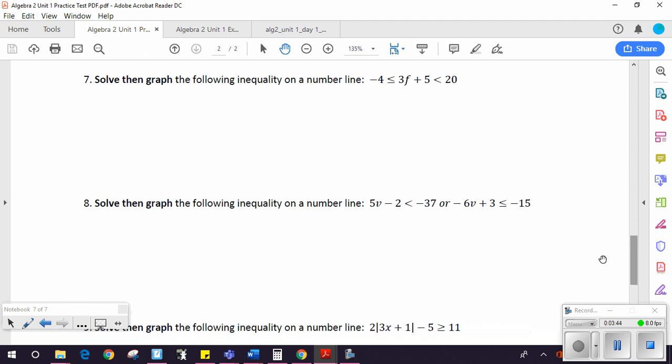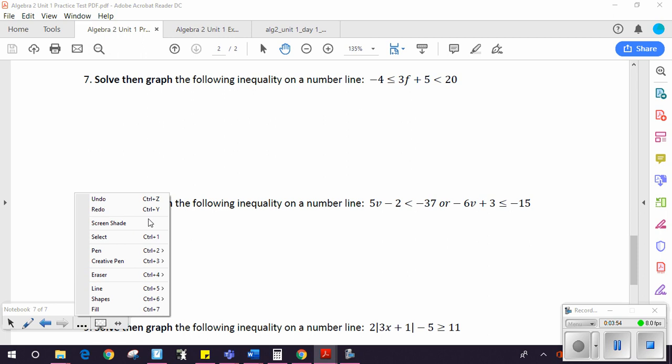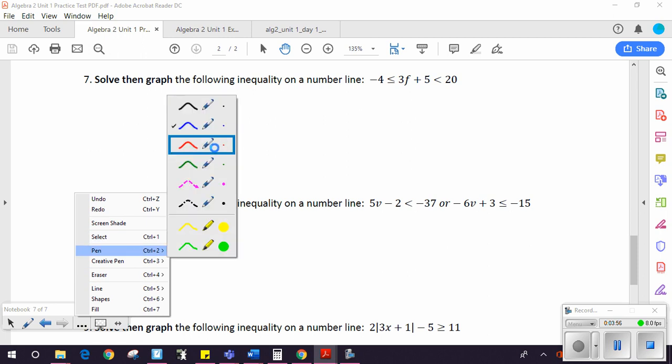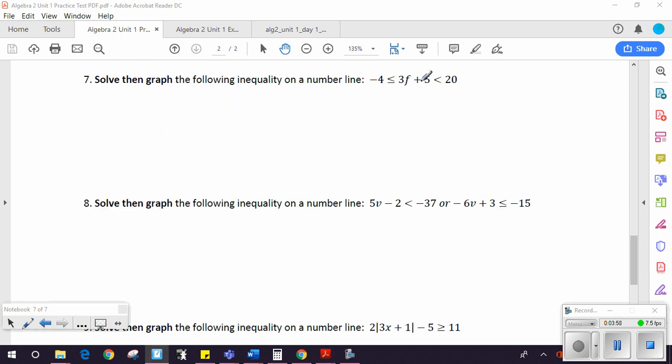For number 7, we got another inequality, but now it's a compound inequality where we have to isolate the variable in the middle. So I will show my steps for this one because I don't want you all to make a mistake and forget a step. To isolate the variable, I first would have to subtract 5, but I'm subtracting 5 from everything.